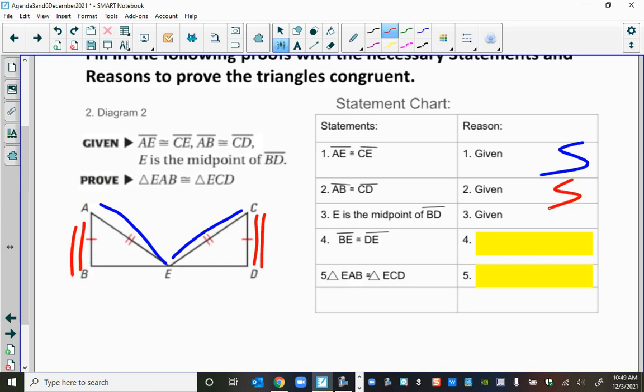Now, they told us E, that's the midpoint between B and D. That's what they gave us. So if E is a midpoint between B and D, what's that?